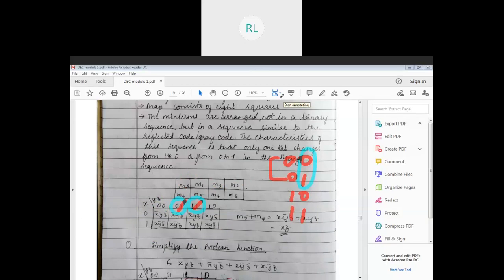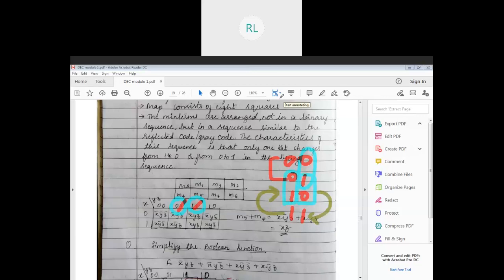Next, if I compare my next combination, which is 0, 1 and 1, 0, what is going to happen? Can someone respond? There are going to be two bit changes. Here I have 0, 1 getting changed, and I have 1, 0 also getting changed.